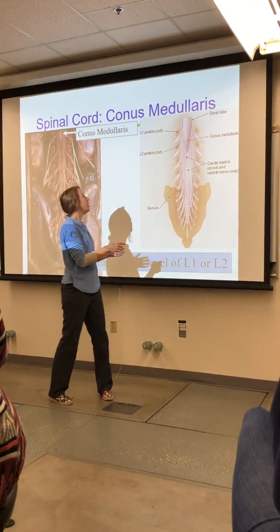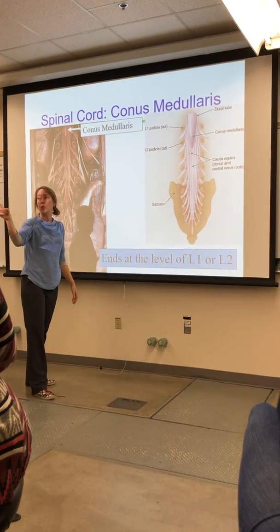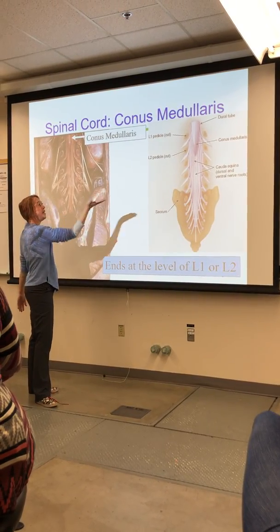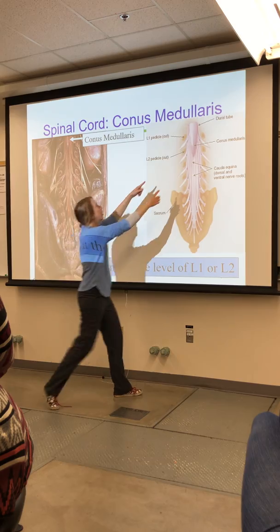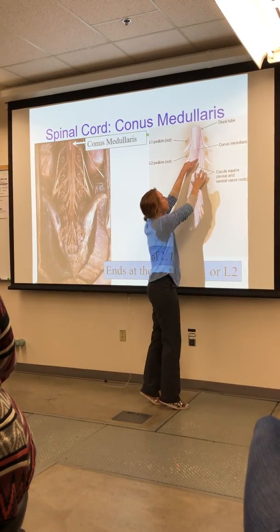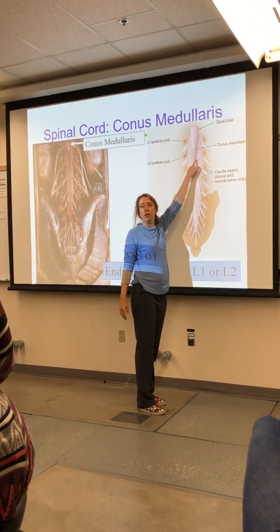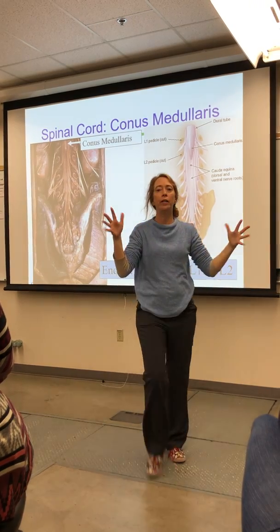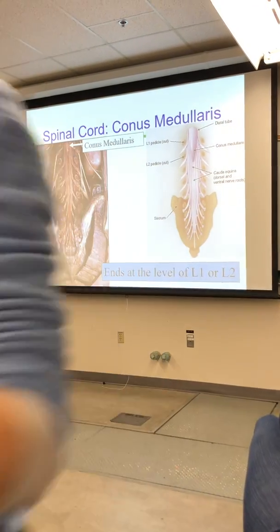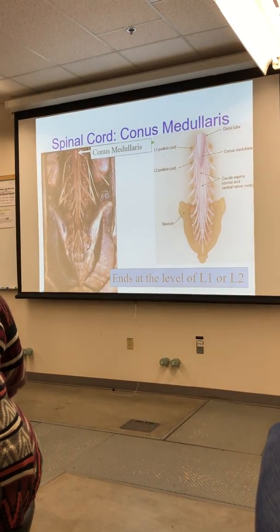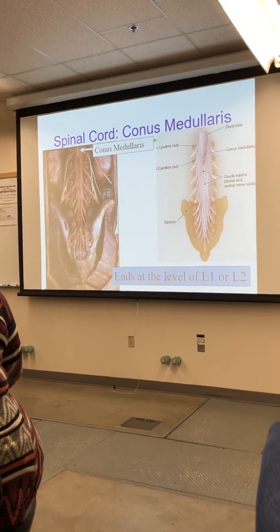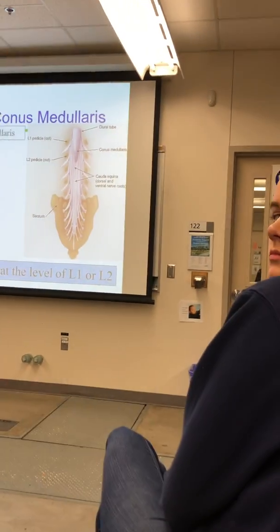There's other parts that we need to name. The Conus Medullaris, it'll be at the bottom. I'm going to show you which model you're going to look at, but it's the end. It'll look kind of like a cone, but it's the end of the spinal cord. Everything else out here, these are all nerves now. And where is that? About what level is that? L3. What level vertebrae? L2. L1, L2. So if we give you a spinal tap or this is the model.